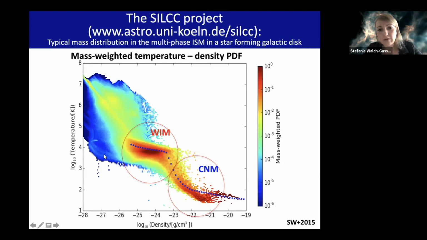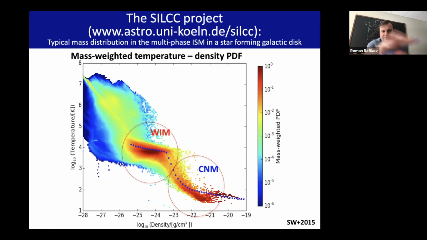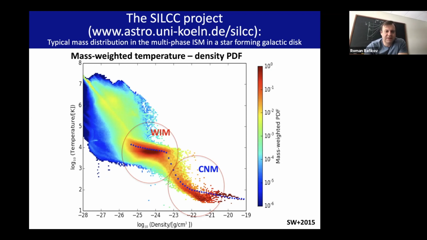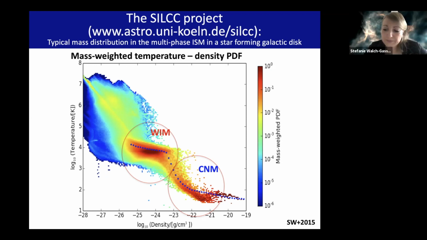So the general fraction of the hot gas near the midplane is usually more than 50%. Okay, so these diagrams and all the simulations that you have been showing are done on a galactic scale? I will show the SILCC simulations in one minute. Okay, great.